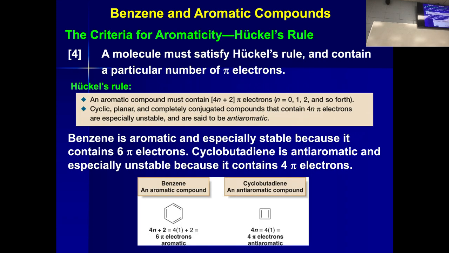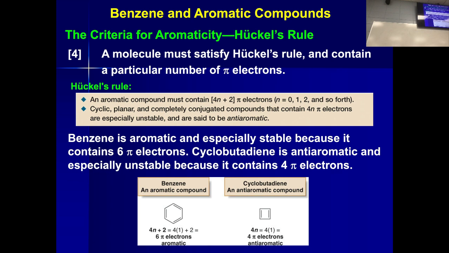And then the last rule, or last criteria, is Huckel's rule. It must have a particular number of electrons. And those electrons follow this formula: 4n plus 2 equals the pi electrons, where n is an integer, including 0.